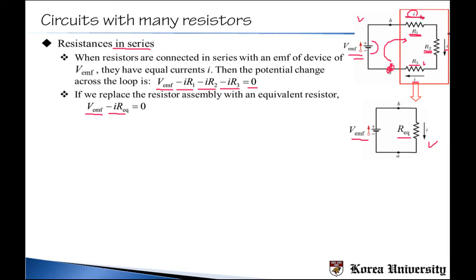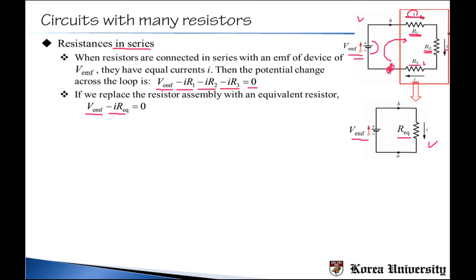So try to understand that the amount of current is the same between these two circuits, right? Because we are assuming the same circuit and only trying to look at it in a slightly different way. And we didn't do anything to the VEMF, so VEMF is the same between the two circuits.